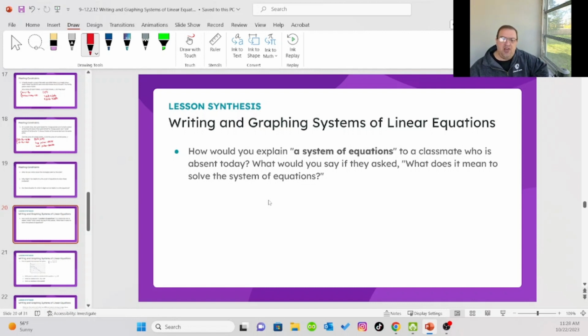And when we find that, we find the one combination in these instances where they're both true. So now I know that if they spent $15 and they bought a total of 2 pounds, I now know the one point that makes both of those statements true. And that is the solution to my system of equations.